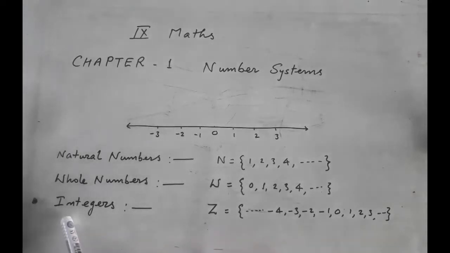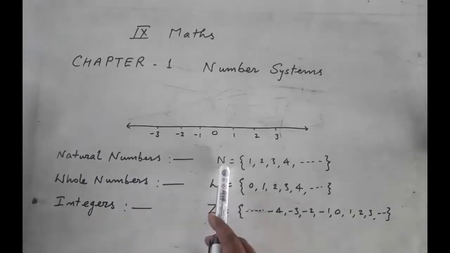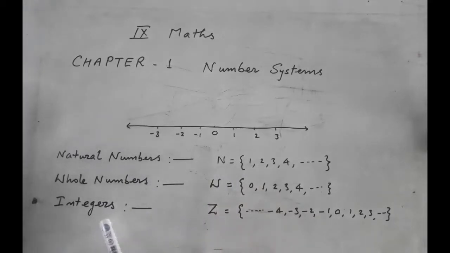You well know that natural numbers are denoted by N, whole numbers by W, and integers by Z.